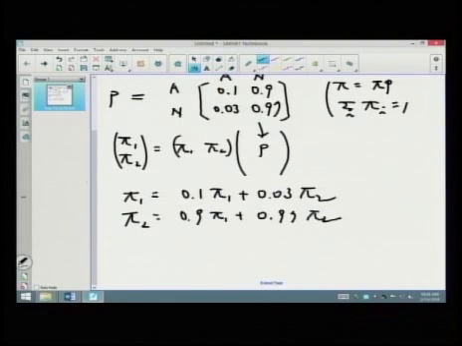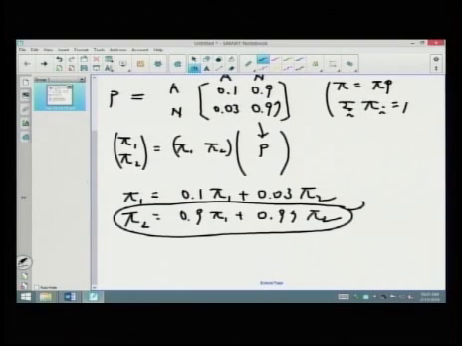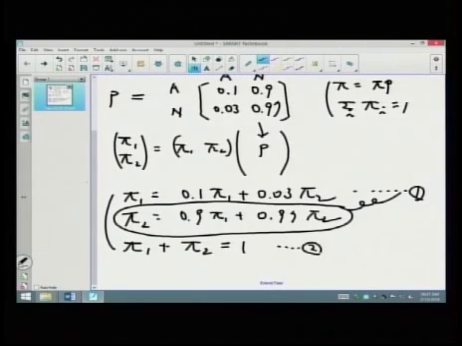And you remember, this system of linear equations is linearly dependent, right? So what you need is to take out one of these equations. So just arbitrarily, I'm going to choose one and take this out. And then I'm going to add another equation, right? So let's say these are equation 1, and these are equation number 2.